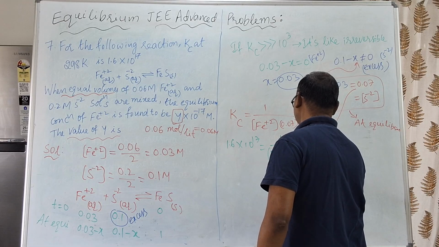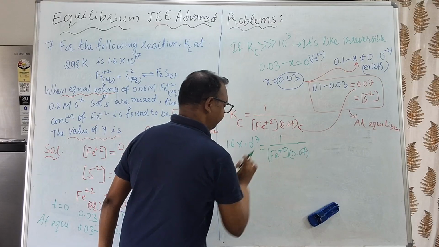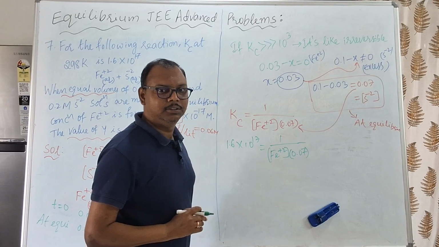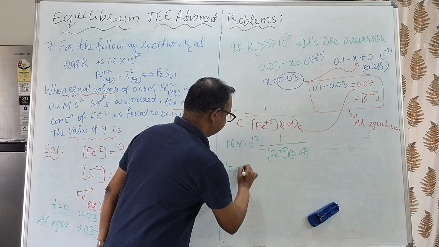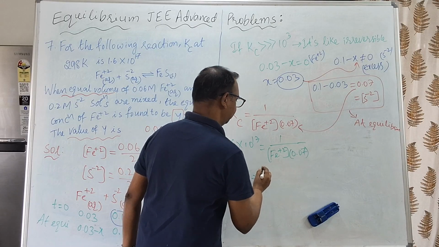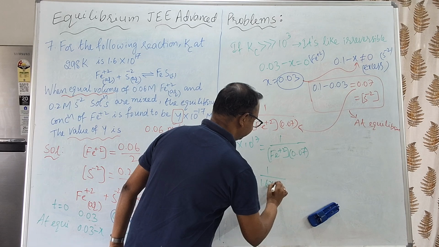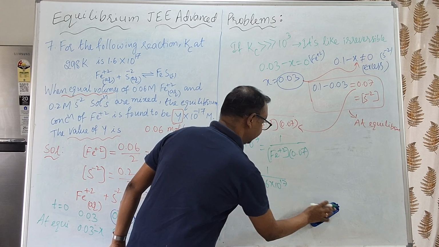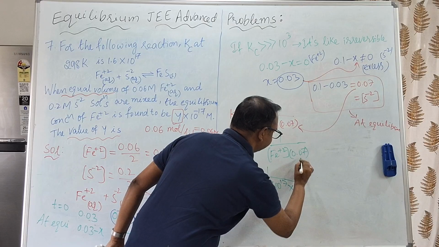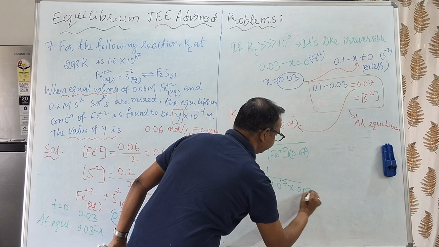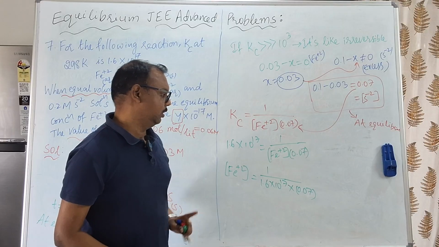Now we require the concentration of Fe plus 2 alone. Therefore, the concentration of Fe plus 2 is equal to 1 by 1.6 into 10 power 17 into 0.07. We have just rearranged the equation.